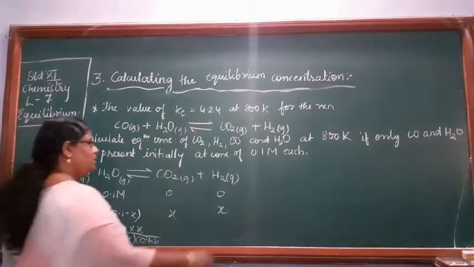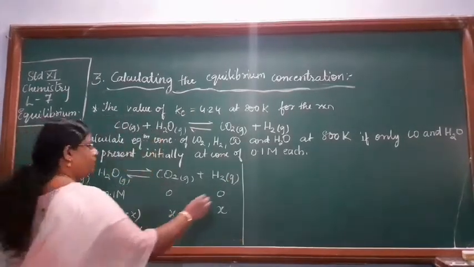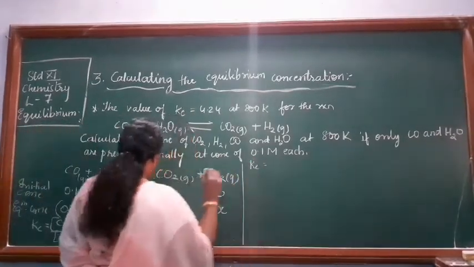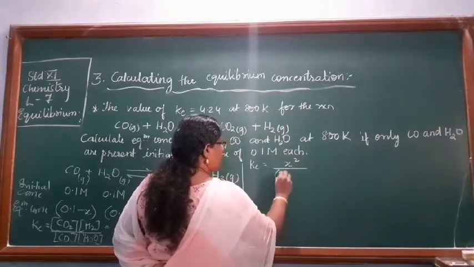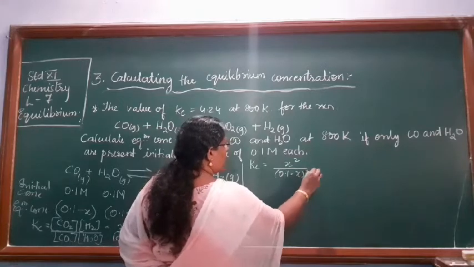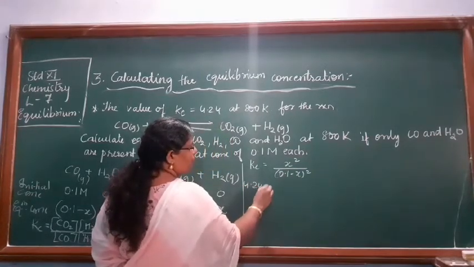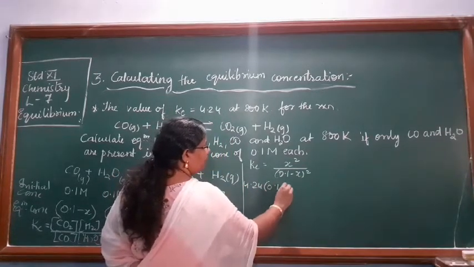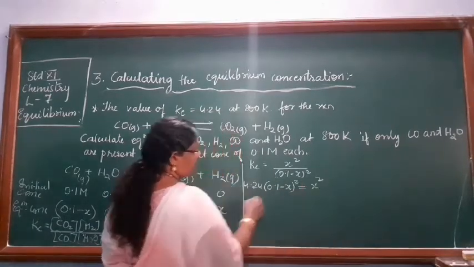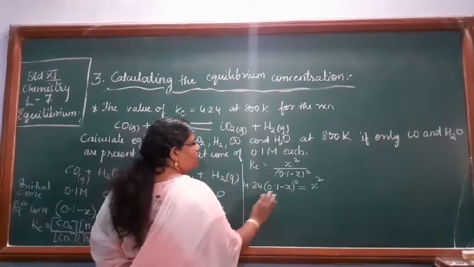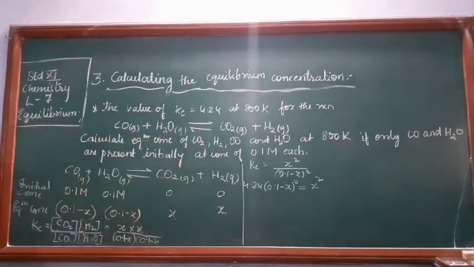Okay, so using that we will just try to solve. Kc will be equal to x square upon 0.1 minus x the whole square. This is 4.24 into 0.1 minus x the whole square is equal to x square.